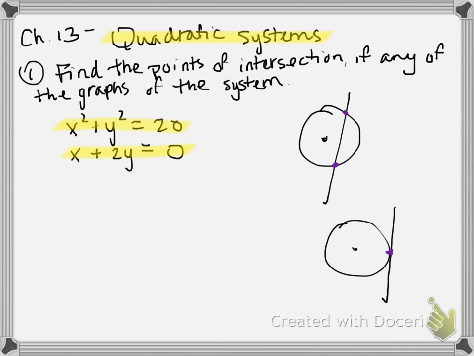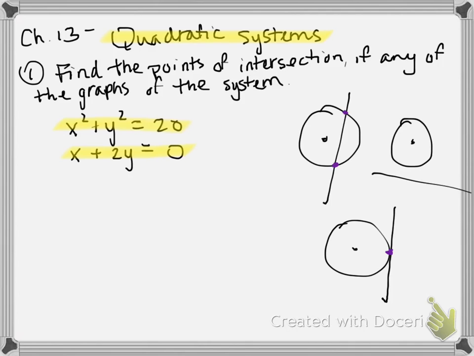And I could have no points of intersection if I have a circle with a line just out in space, outside of the circle. So I could have 2 solutions when I solve this system, I could have 1 solution, or I could have no solutions.